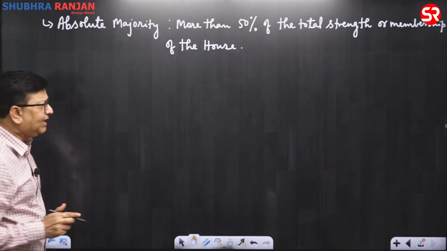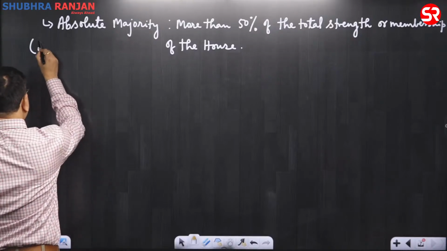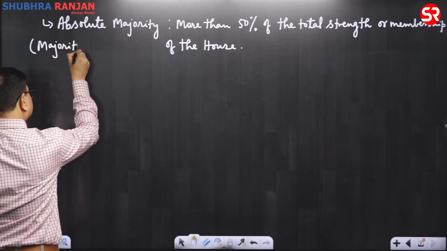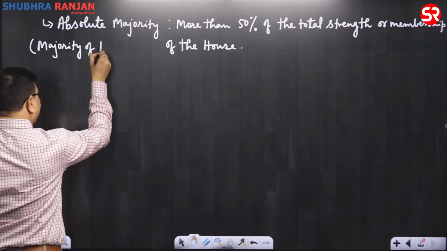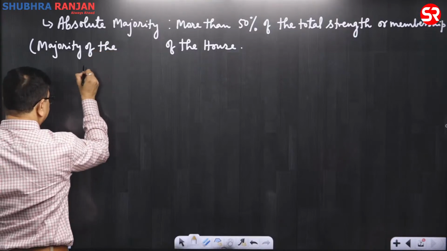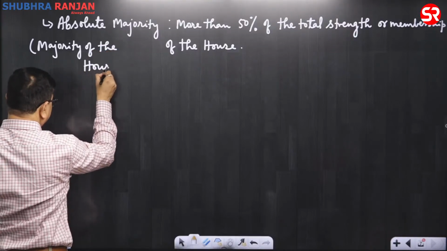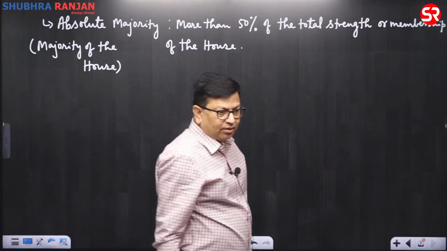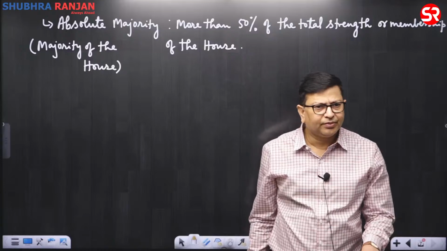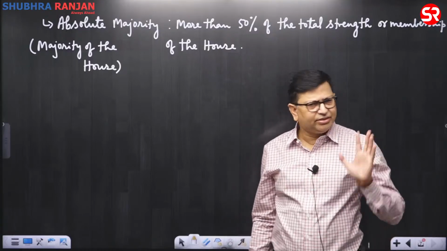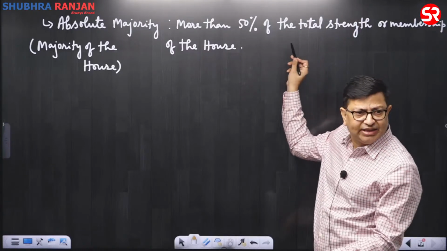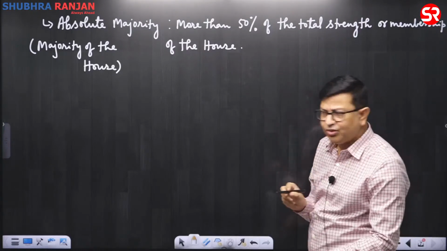It is fixed. It is also termed as majority of the house. This is fixed because it is more than 50% of the total strength or membership of the house.